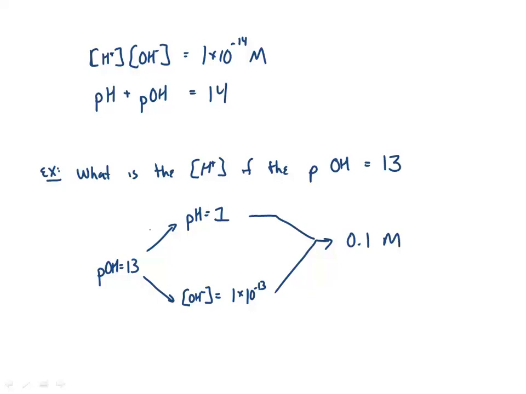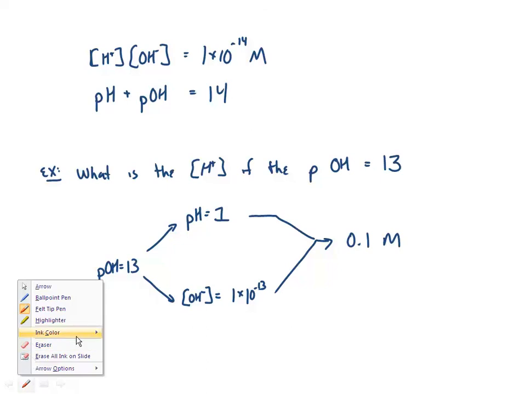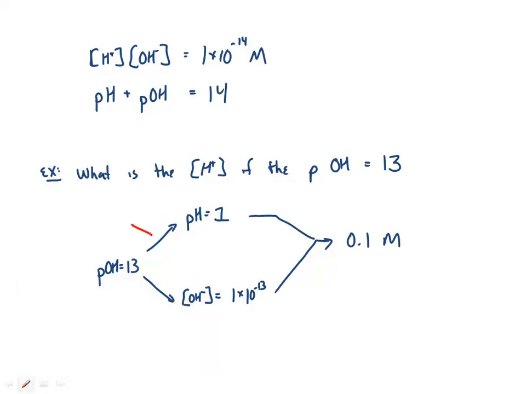So here I use the formula pOH plus pH equals 14. So I basically mathematically solved 14 minus 13 is 1. Here I used the formula that the concentration of OH minus is equal to 10 to the minus pOH.